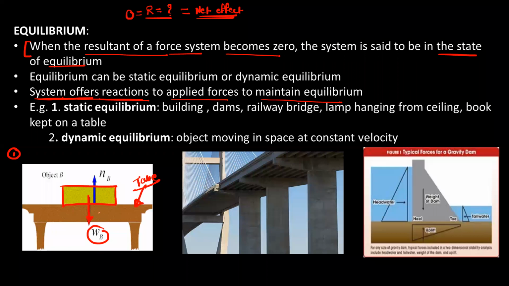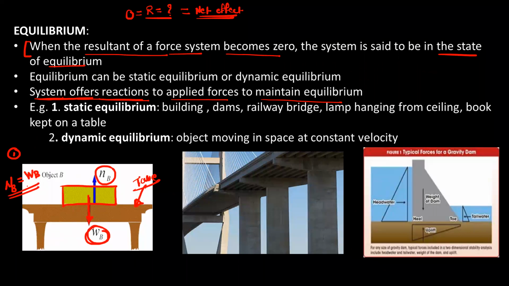Okay. So to maintain the balanced state, this table will offer the opposite force, that is called a reaction. Here it is a normal reaction, that is, a reaction exactly perpendicular. So this normal reaction will oppose the applied force WB. So we can write the equation: NB, that is the reaction offered by the table, must be equal to WB.